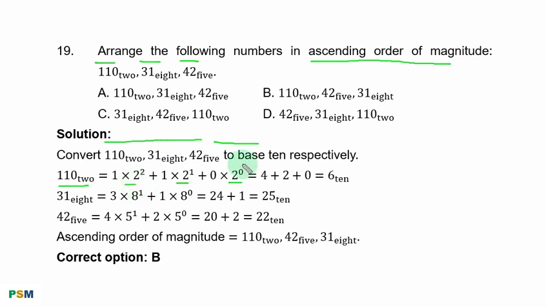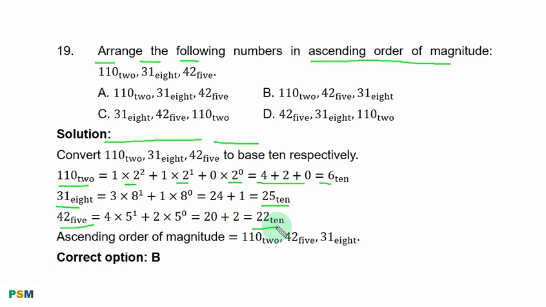When you simplify, you have this result, that is 6 base 10. If you convert the second number to base 10, you have this result, and the third number to base 10, you have this result.